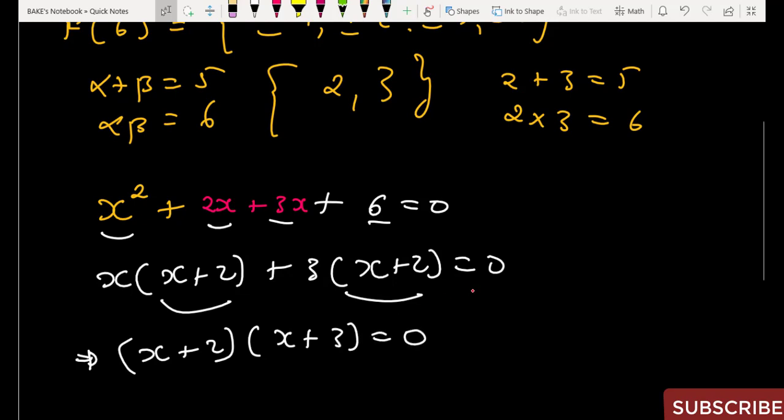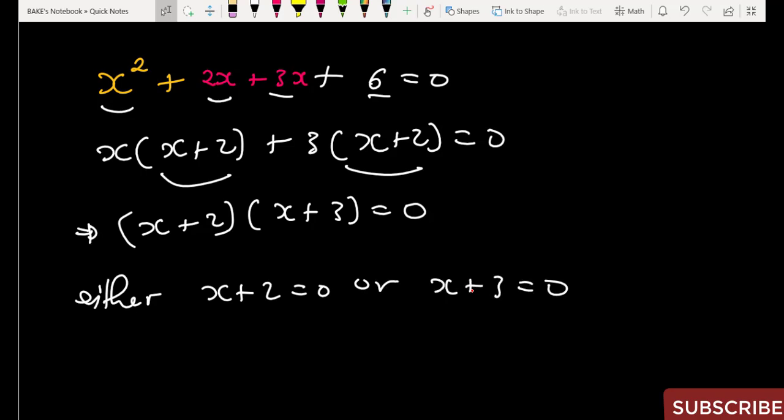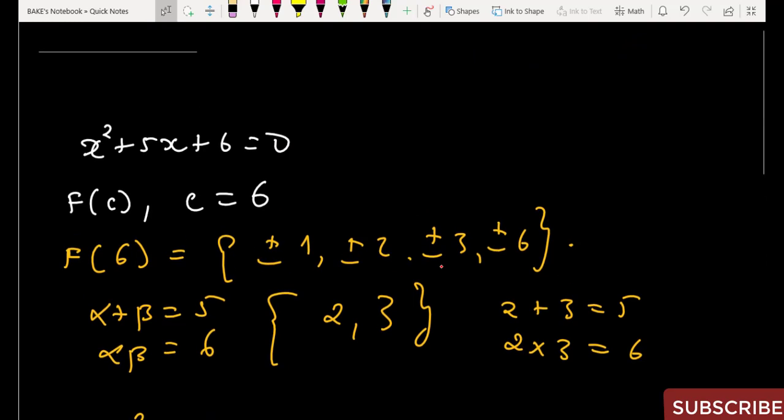And so in order for us to get the possible roots, either x plus 2 is equal to 0 or x plus 3 is equal to 0. So this means either x is equal to negative 2 or x is equal to negative 3. So these are the respective solutions of this quadratic equation, and so it can also be gotten graphically.